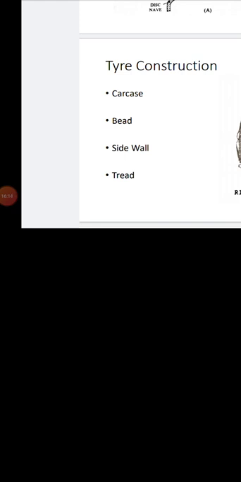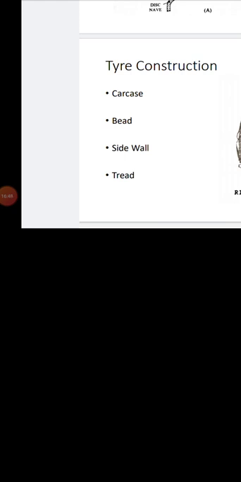The carcass forms the main structure, like the backbone of a tire construction, and the tread, beads, and wall are all mounted on this type of cord plies.